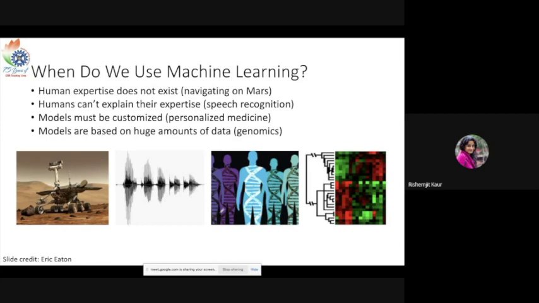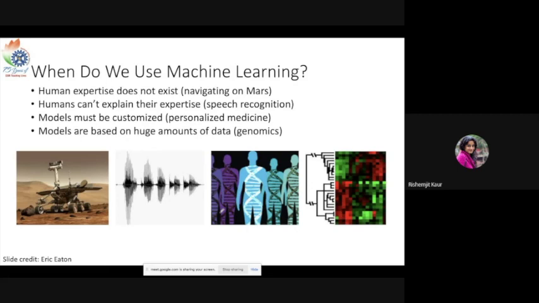Similarly, the second scenario is where humans can't explain their expertise. For example, speech recognition, or even language translation. There are a lot of cases where we just know how to do things, but we cannot describe how. For example, when we recognize what others are speaking, this is something we learn from childhood itself.